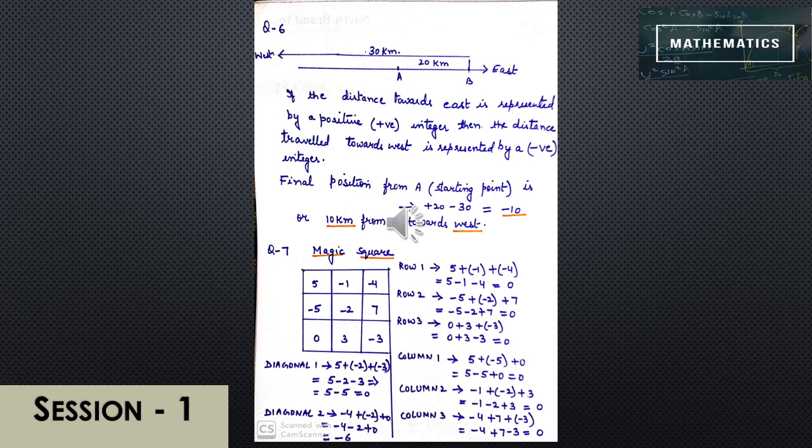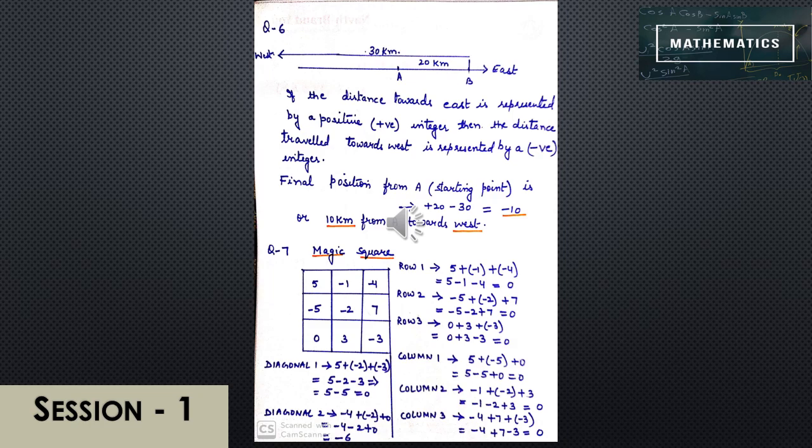Now let's consider a person moving from position A to position B, going towards east from A to B. Then we will consider the distance as a positive integer. If the A to B distance is 20 kilometers, then we will consider it as plus 20 kilometers.